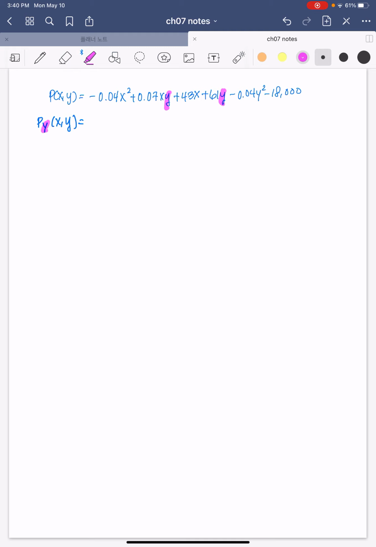Here, and here. So the first term is gone because it's a constant. Derivative of y is 1, so it will be just 0.07x. And then this is a constant, so it disappears. Plus 61. Bring down, so negative 0.08y, and then constant disappears.